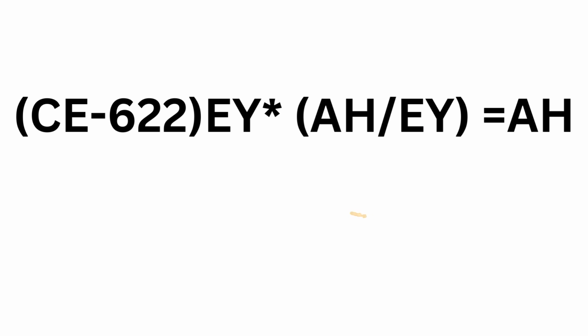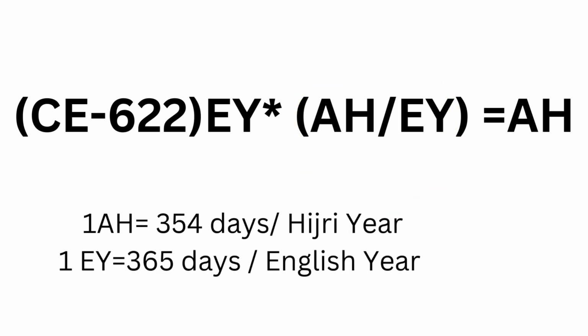But wait, after multiplying this factor, this equation will only remain unchanged when this factor is equal to 1. But since one Hijri year and one English year are not equal, currently this factor is not 1.